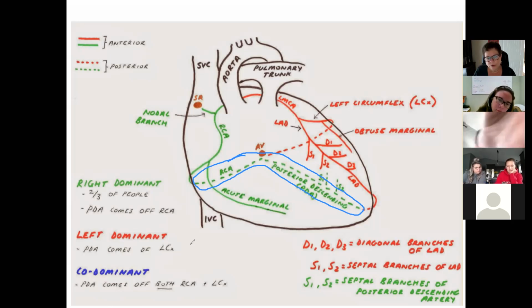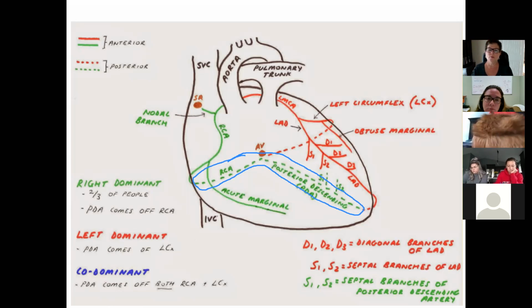And then there are a group of patients, probably 6 to 8% of the population, where the posterior descending artery actually comes off both the RCA and the circumflex. And they call that codominance. Your questions are going to focus on right dominant because that is the majority of the population.